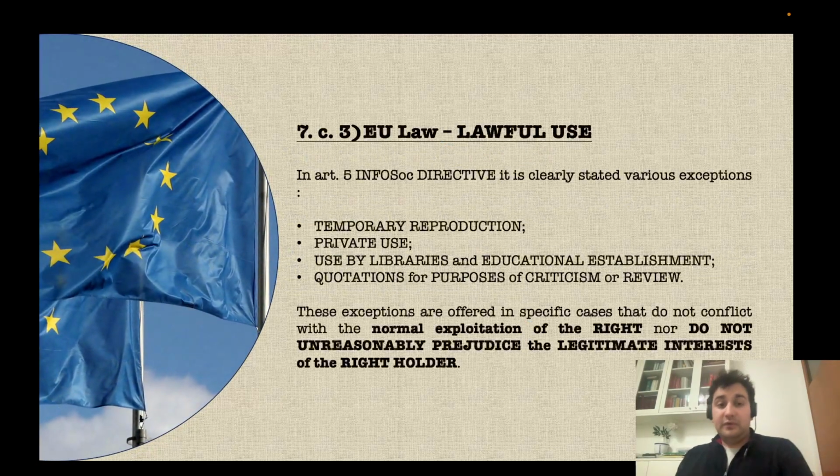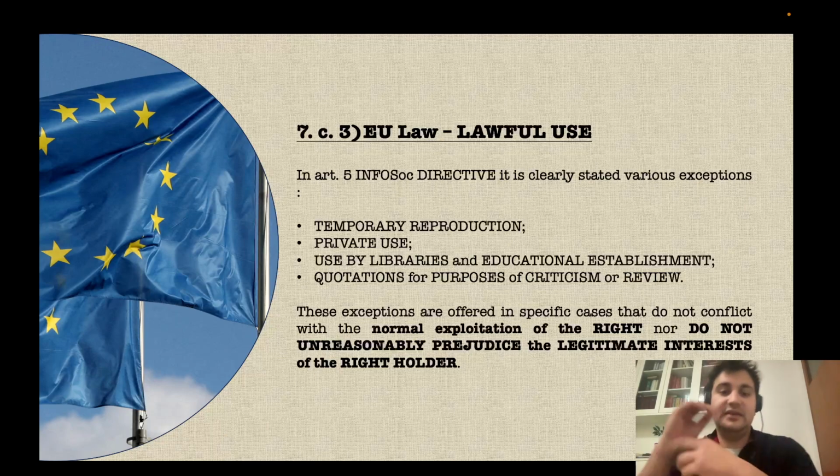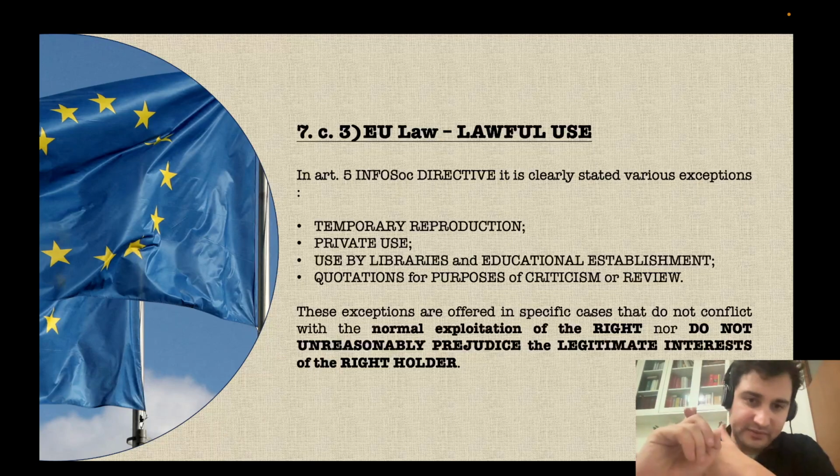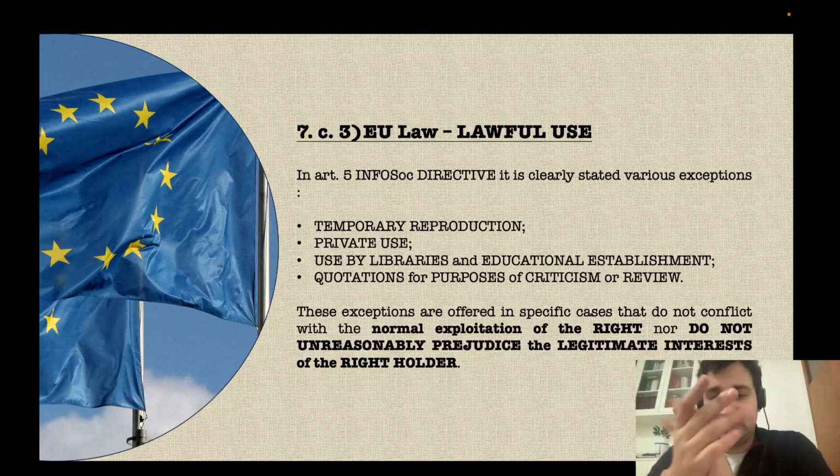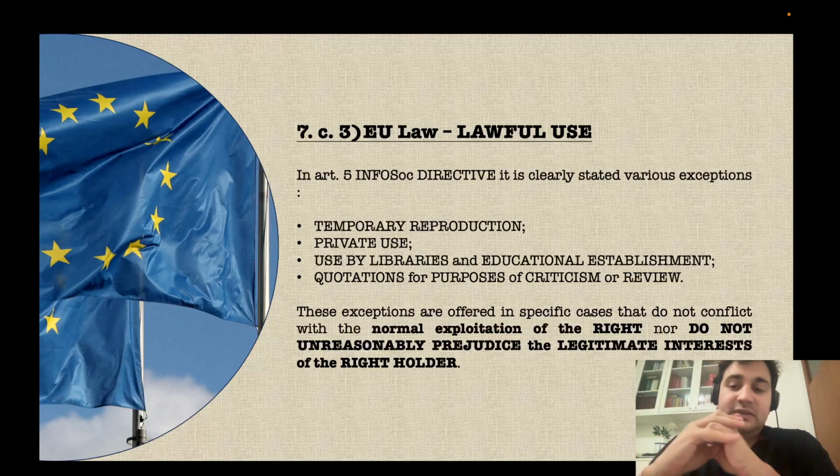Let's talk about the lawful use. This one is very important, very interesting, defined in Article 5 of the Information Society Directive, and clearly states four main exceptions: the temporary reproduction, the private use, the use by libraries and educational establishments, and finally the quotation for purpose of criticism or review.